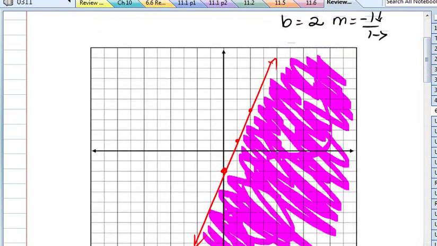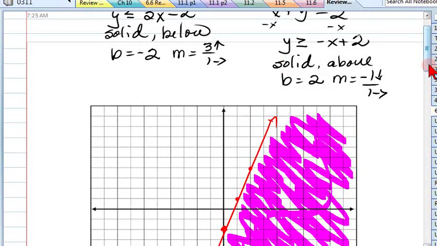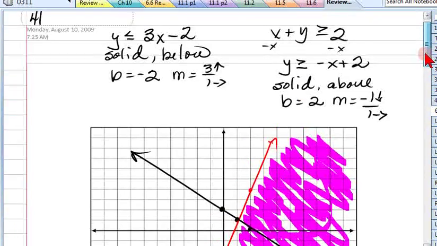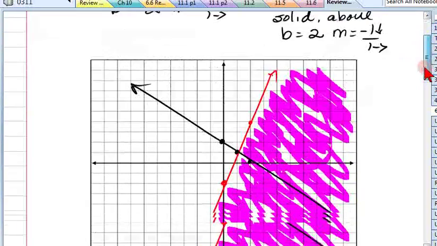Second line: solid, above, start at 2. Go down 1, right 1. Shade below, no, shade above. That one was below, that one's above.